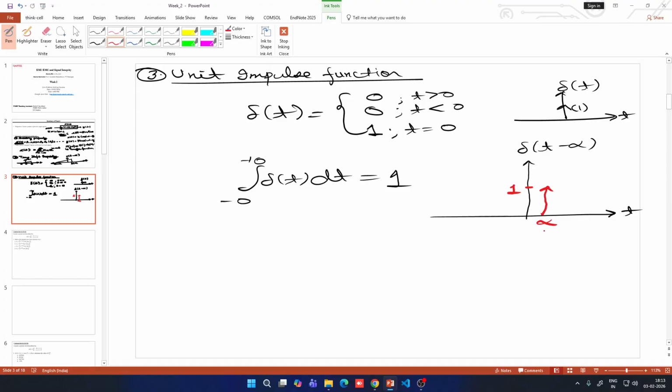So for those who have joined now, we are discussing the summary of what has been covered in week 2, and we are discussing the unit impulse function.